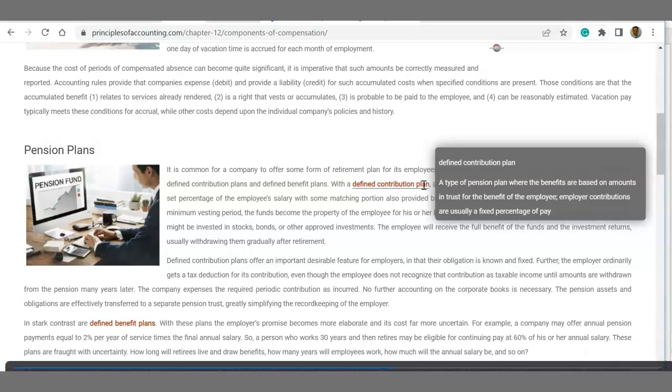And that is a defined contribution plan, which means in the future, when employees get retired, they might get some amount as a form of retirement payments. But you don't know how much it might be.